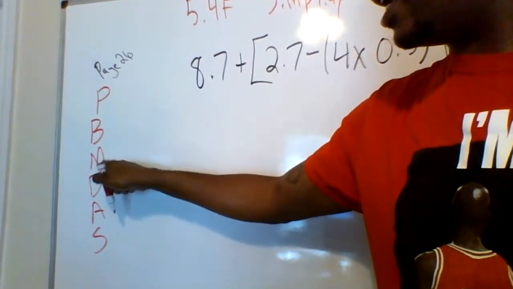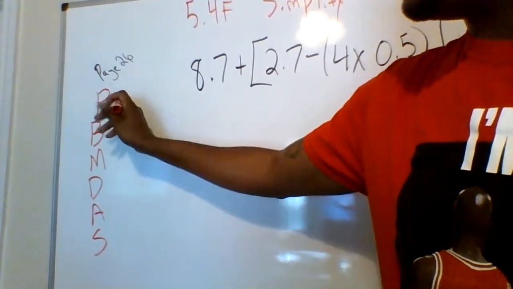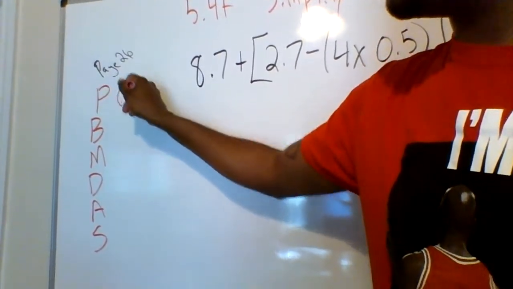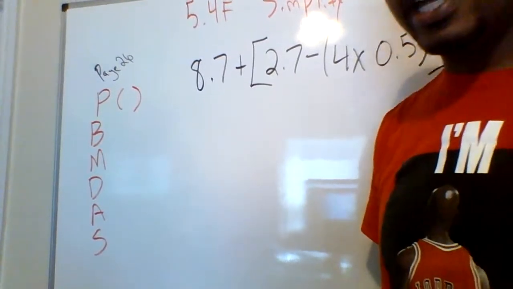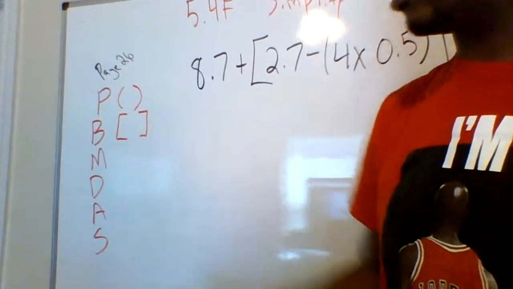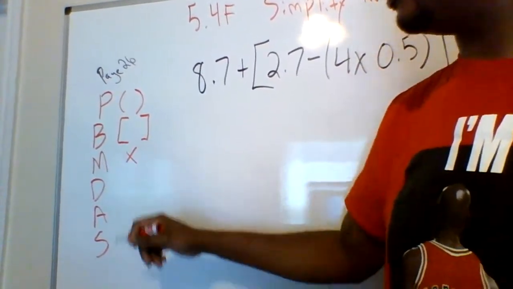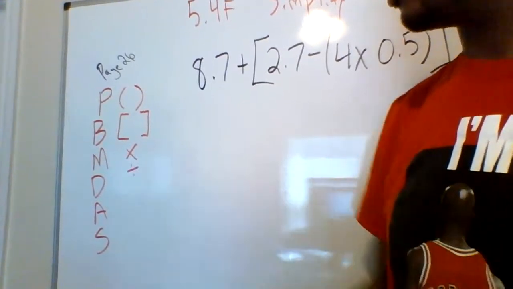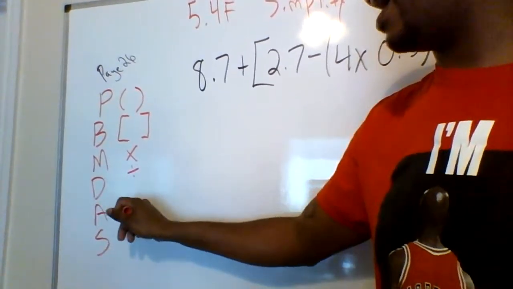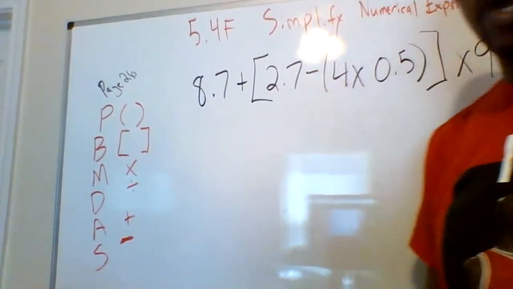Please bring me donuts, Aunt Sally. P is parentheses. B is bracket. M is multiply. D is divide. A is add. And S is subtract.